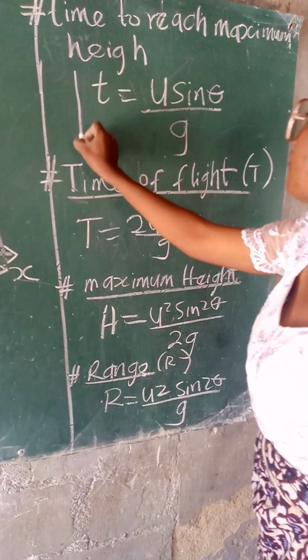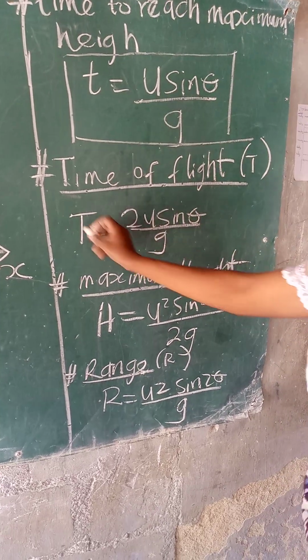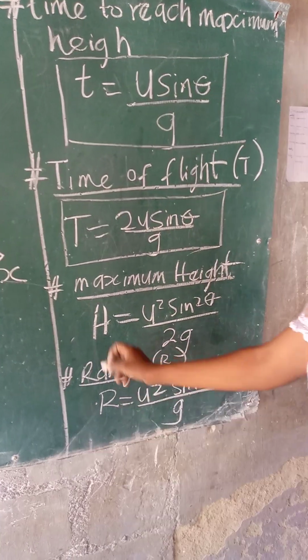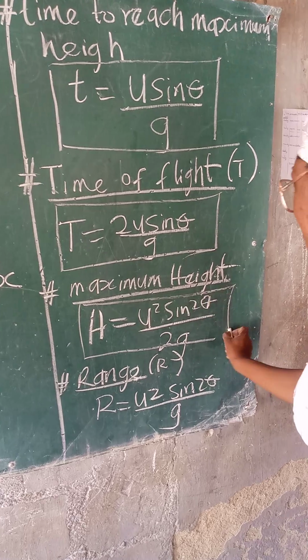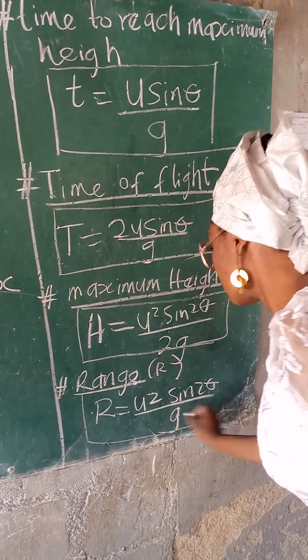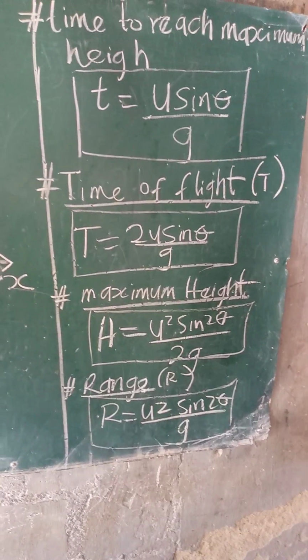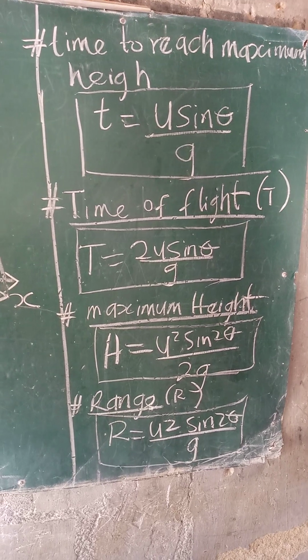This is the formula for time to reach the maximum height. This is the formula for time of flight. This is the formula for maximum height. And this is the formula for range. We will solve a practical problem that will use each of these formulas.